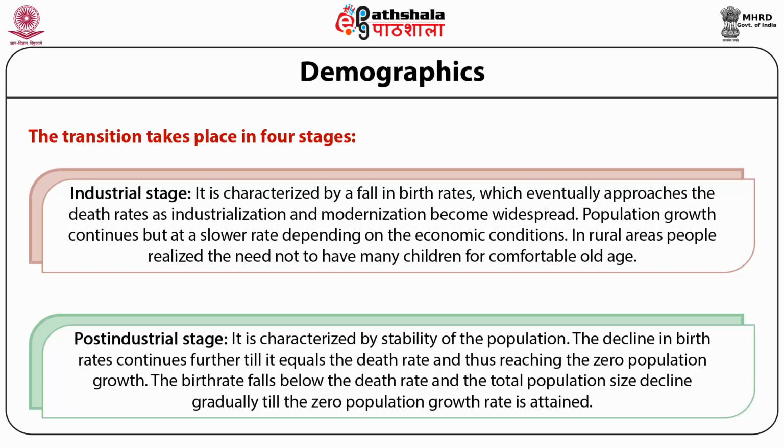The birth rate falls below the death rate and the total population size declines gradually till zero population growth is attained. It is estimated that 38 countries of Europe containing about 13% of the world population have entered this stage.